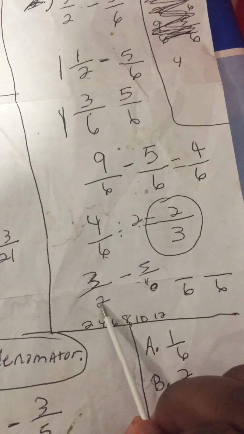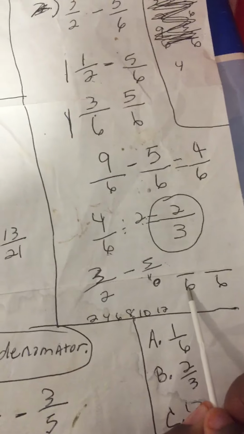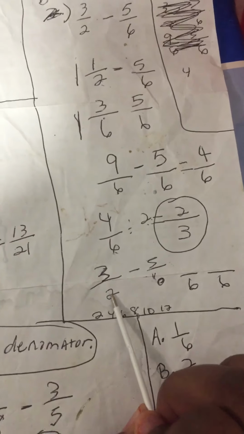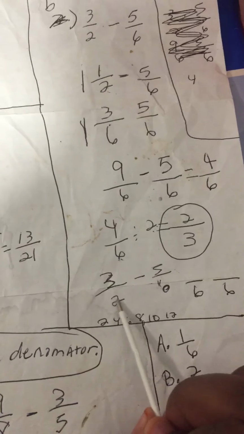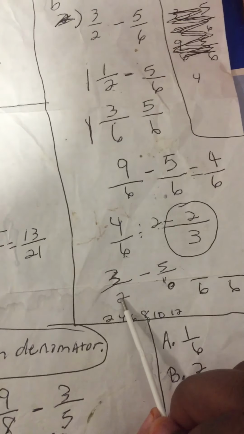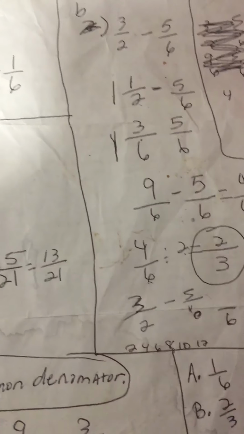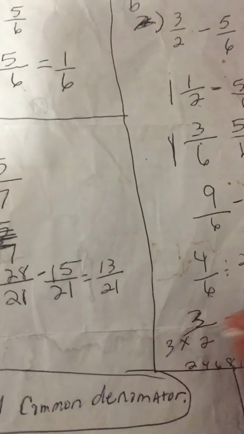Okay, so now how many times did we have to multiply 2 to get to this denominator? We have to multiply 2 three times to get to 6. So we have to multiply this number 3 times as well. So that's times 3.